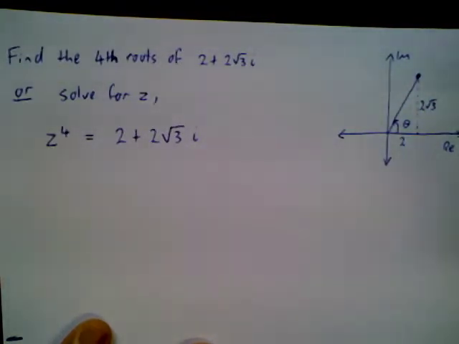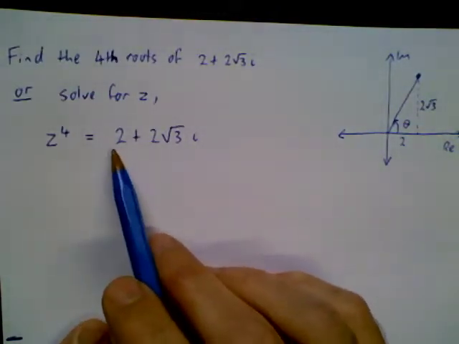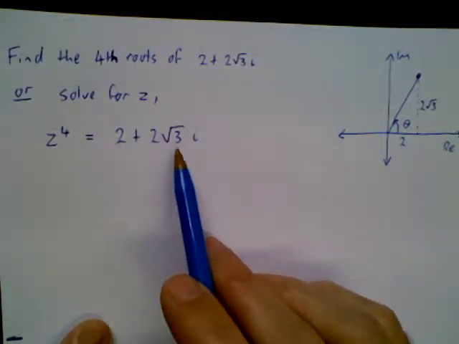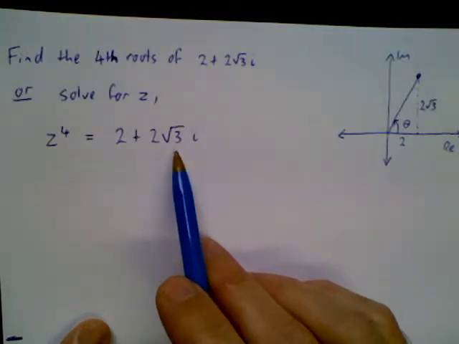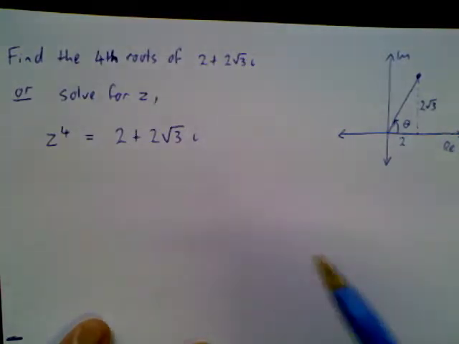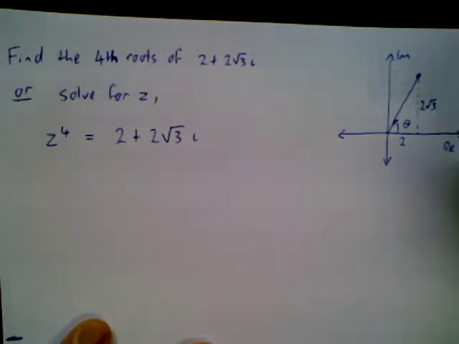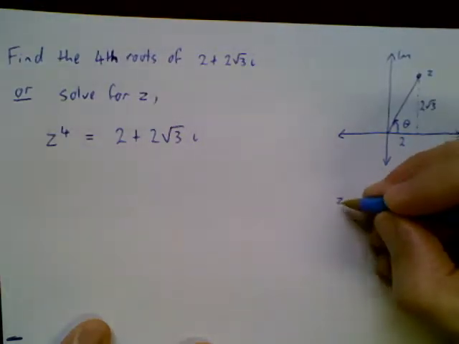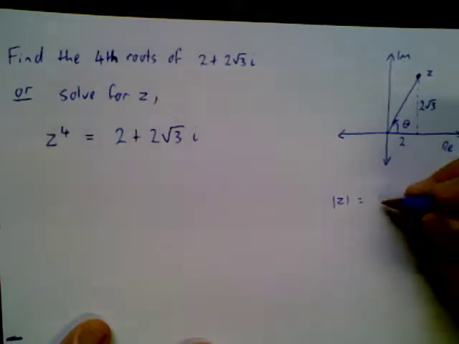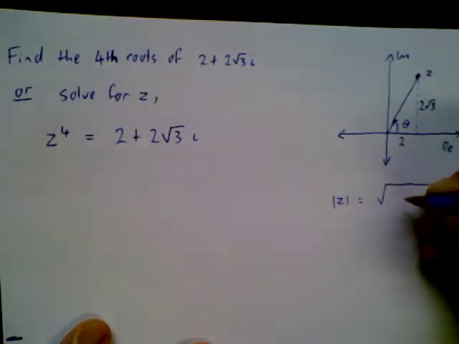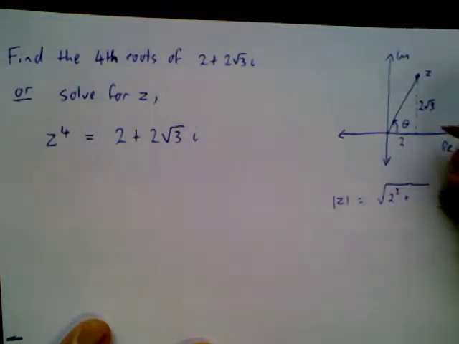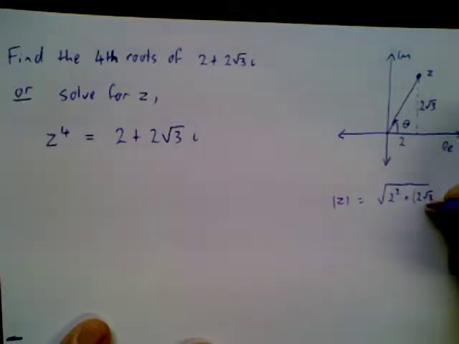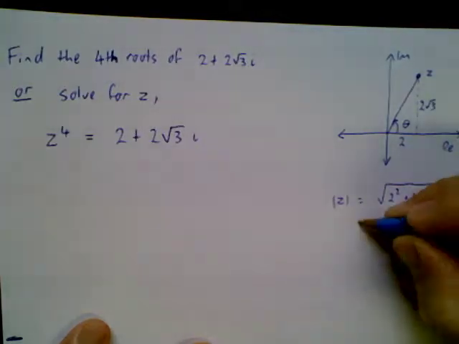Okay, so in terms of where we want to go from here is to use de Moivre's theorem. We want this complex number, which is currently in rectangular form, in polar form. So we're going to change the rectangular form to polar form to start with. First of all, we call that z. The magnitude of z will be equal to the square root of 2 squared plus 2 root 3 squared.